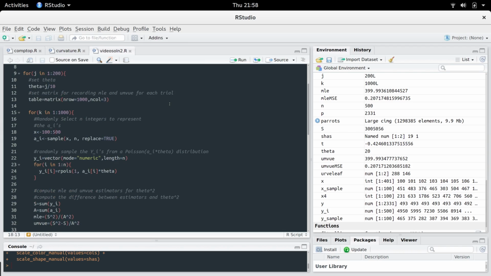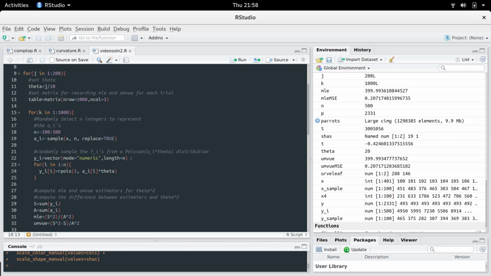And then for theta squared values between 0 and 400, she did the following. She ran 1,000 trials, where each trial consisted of first randomly selecting n integers to represent the A_i's, and she knew that each forest had between 100 and 500 trees, and so she sampled A_i's from between 100 and 500.